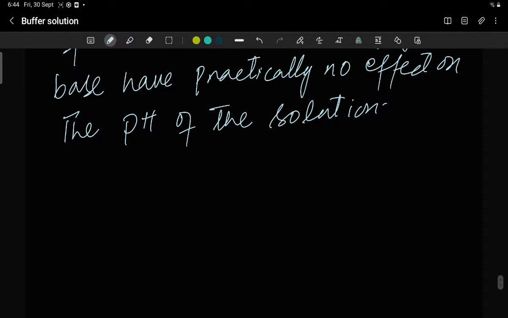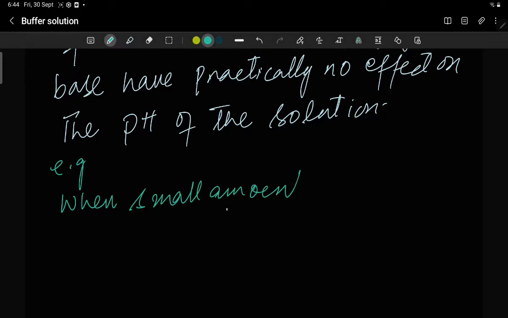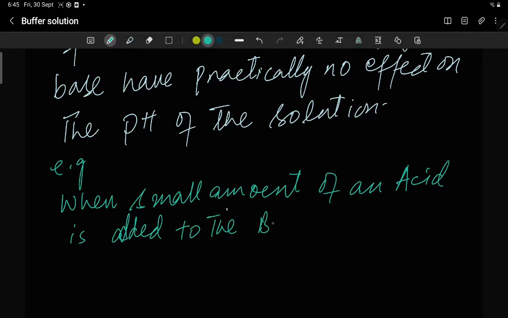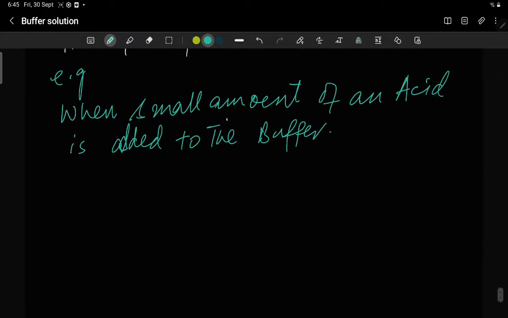So, for example, when a small amount of an acid is added to buffer, when hydrogen ions are added to the buffer, they combine with the ethanoate ions.